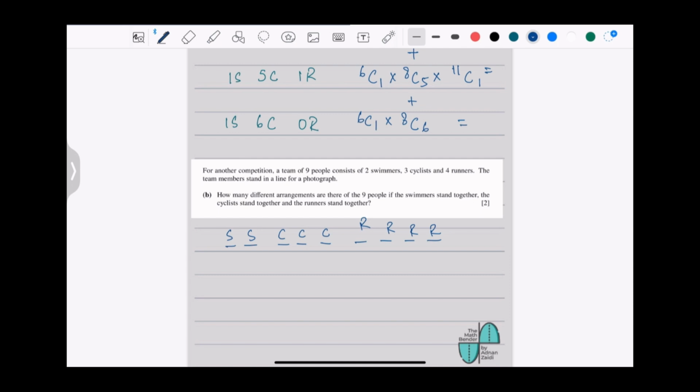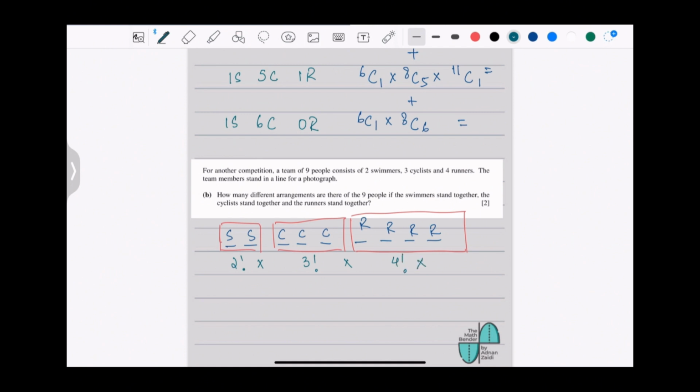So it says that the swimmers stand together, the cyclists stand together, and the runners also stand together. So the best way is to make a box around each group, enclose them. They can shuffle within these boxes only. So 2 factorial times 3 factorial times 4 factorial times.